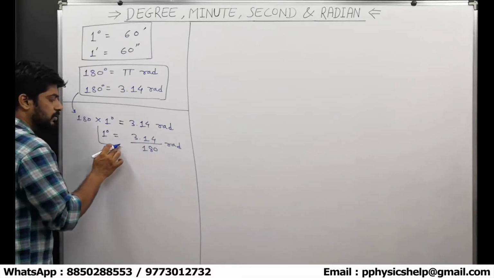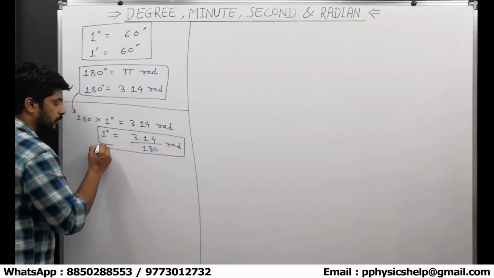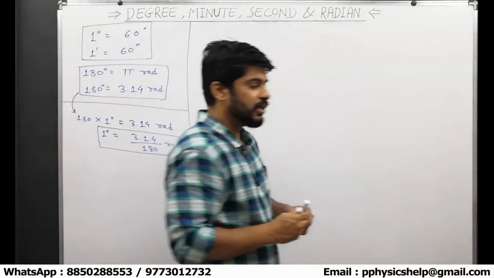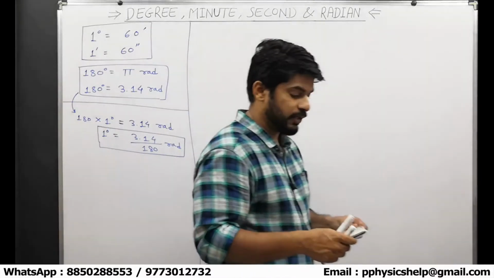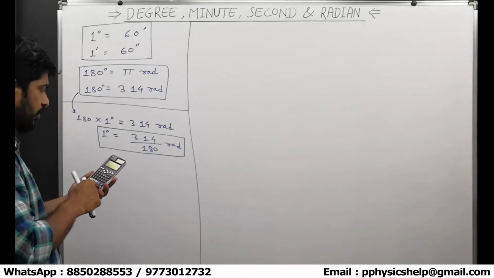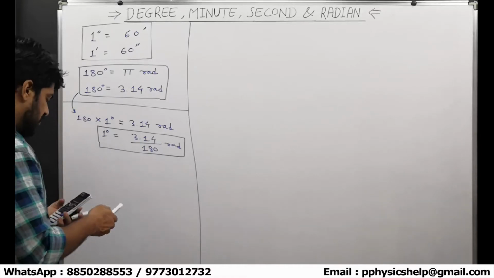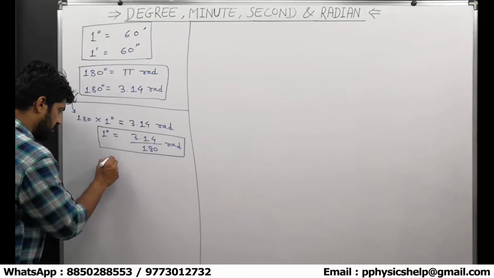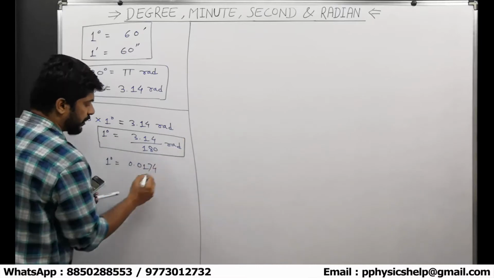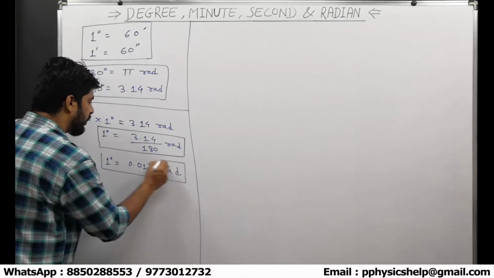We can do this calculation and find out what 1 degree is in radians. I will use my calculator. 3.14 divided by 180 comes out to be 0.0174444, I'm not writing all of that. So 1 degree is equal to 0.0174 radians.